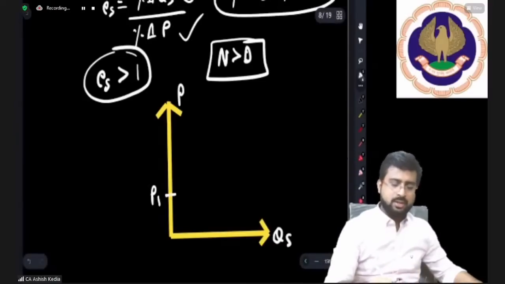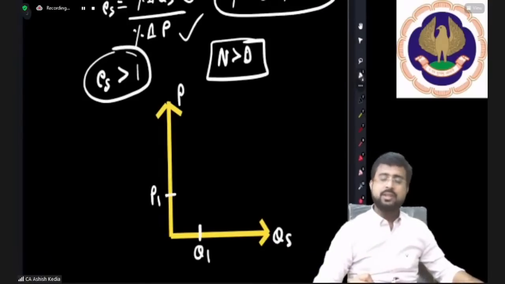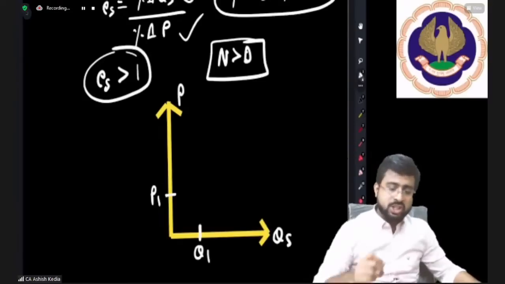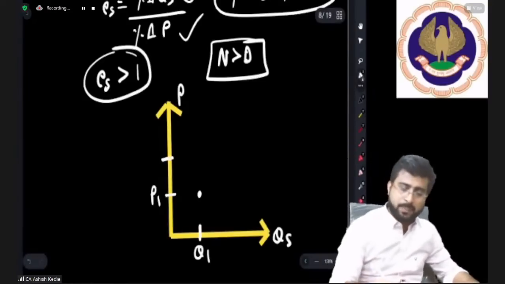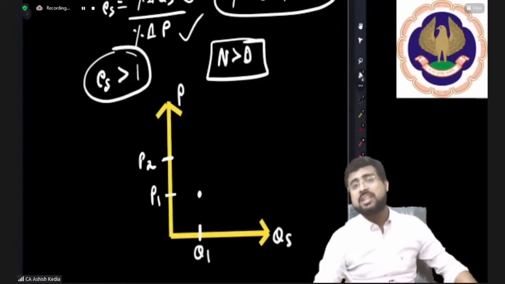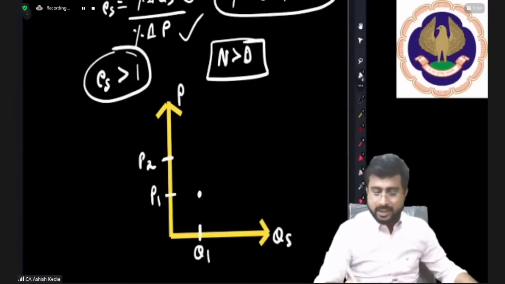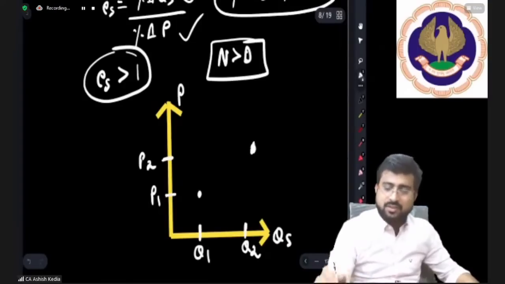Price is P1, quantity supplied is Q1. Quantity is going to change by a larger quantity. Initially they were intersecting here. Now price is going to rise, but quantity is going to rise by a much larger quantity, and hence let's say I'll put it here. So the curve is relatively flatter.